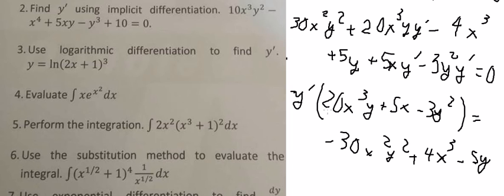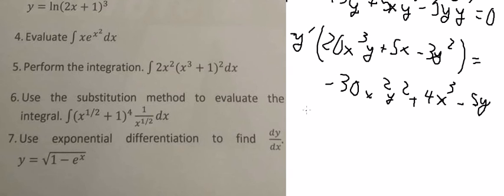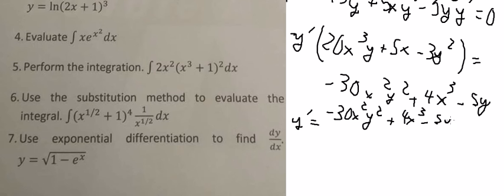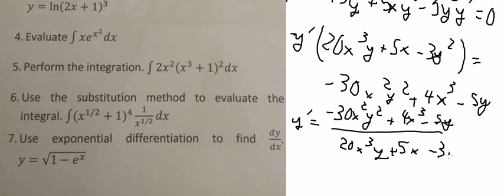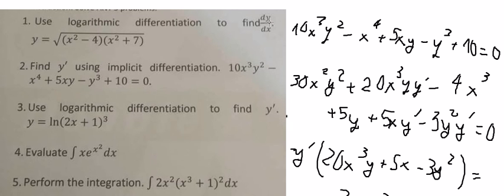So we divide both sides with this one. So you get the first derivative of y equal to 30x squared y squared plus 4x to the power of 3 minus 5y over 20x to the power of 3y plus 5x minus 3y squared. So that's the second one.